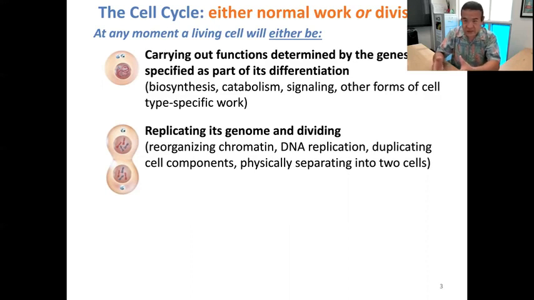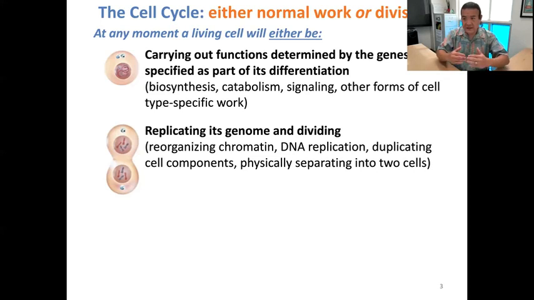Which might use different genes than the leaf part of an onion, right? So different functions during this stage of the cell's life include things like biosynthesis, making complex biomolecules, catabolism, breaking down molecules to get energy. The cell might be sending out signaling molecules or other types of cell type specific work.